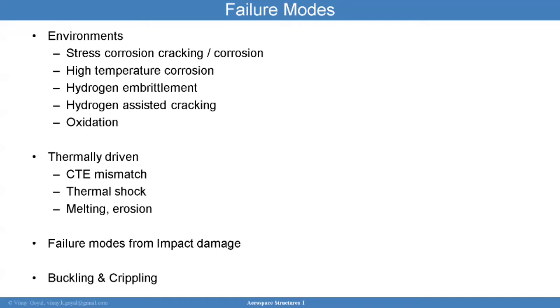And so these failure modes really need to be taken into account during the design phase to ensure we're not missing these failure modes. We also have thermally driven failure modes such as CTE mismatch, thermal shock, melting, and erosion. Failure modes from impact damage can also occur, and we'll be covering that, and also buckling and crippling.